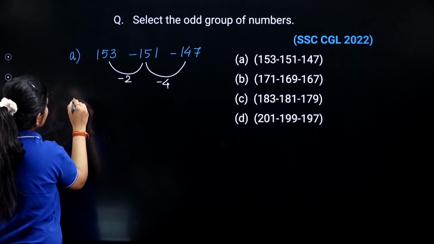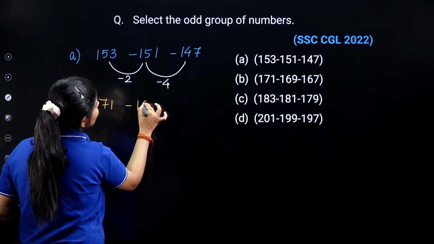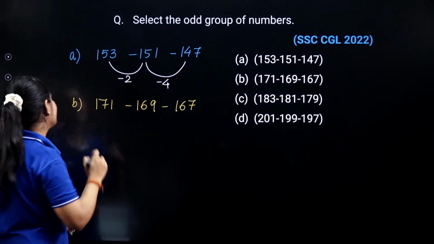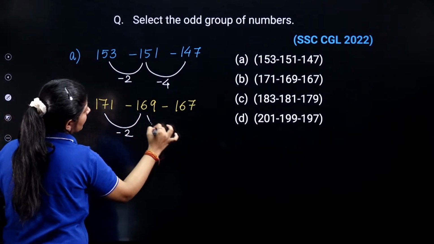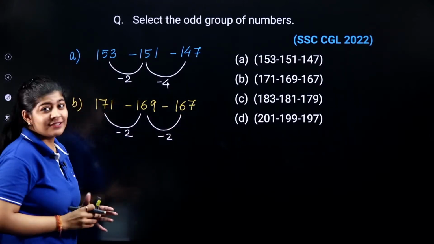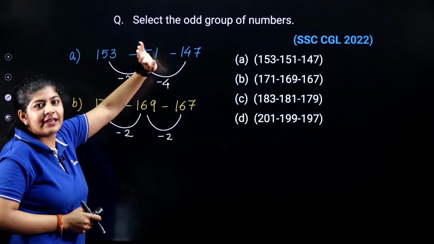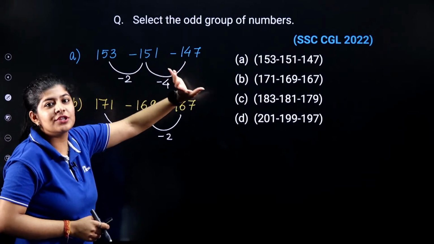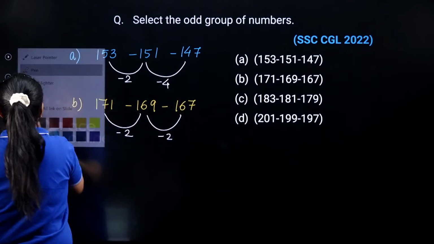Next option, option number B. 171, 169, 167, right? Difference -2, -2. Just by checking these two options, I can say that either A is the correct answer or B is the correct answer. Now, we need to check the rest of the options just to confirm.